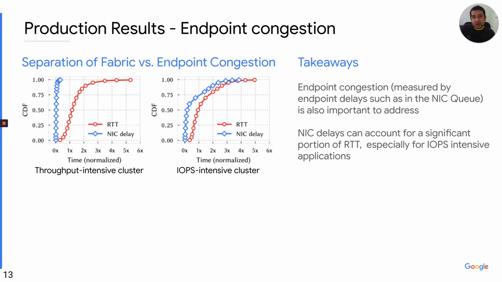Finally, to see how important endpoint congestion is in production, we are showing the CDF of the RTT and the NIC delay for a throughput intensive cluster and for an IOPS intensive cluster. We can see that for the throughput intensive cluster, the NIC delay is not a big part of the round trip time.